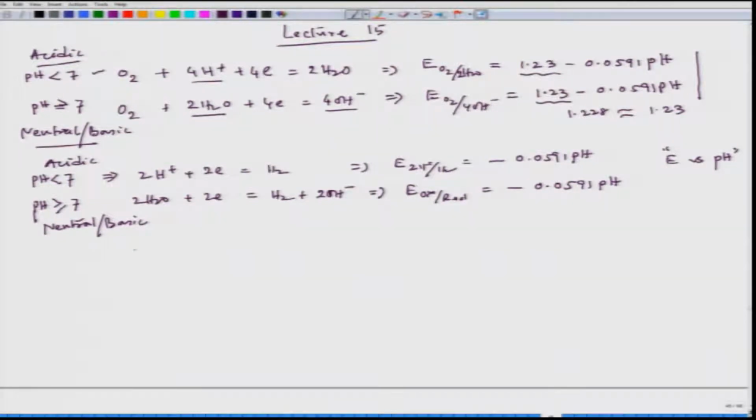Now, as we try to draw pH and E, remember these potentials we are measuring with reference to one standard hydrogen electrode, which we call SHE, the standard hydrogen electrode.